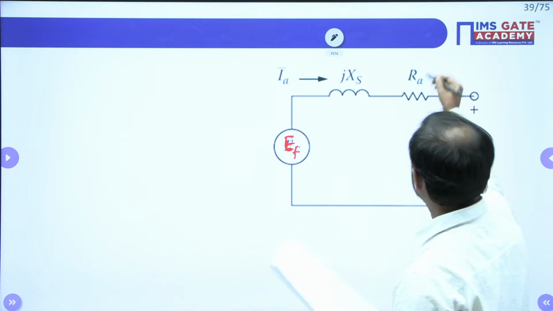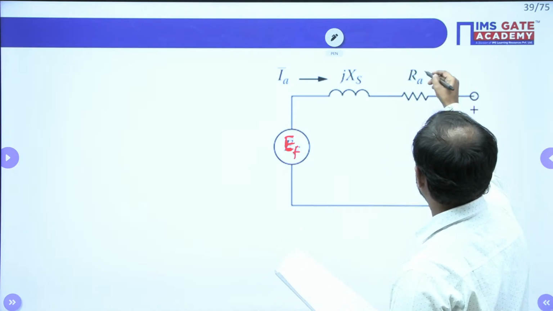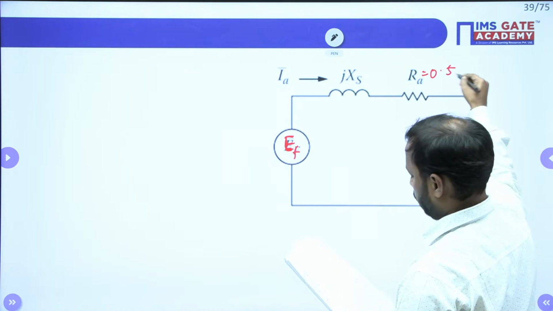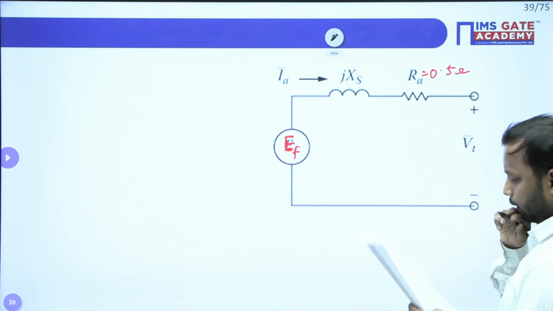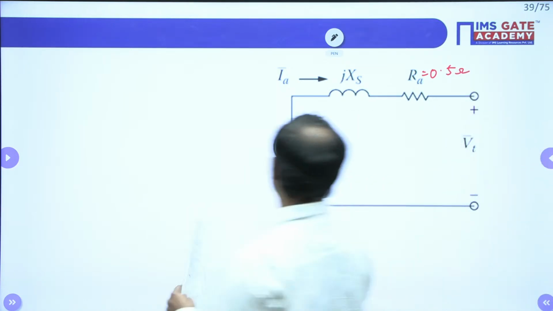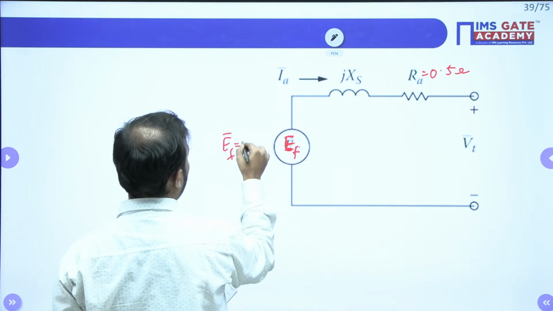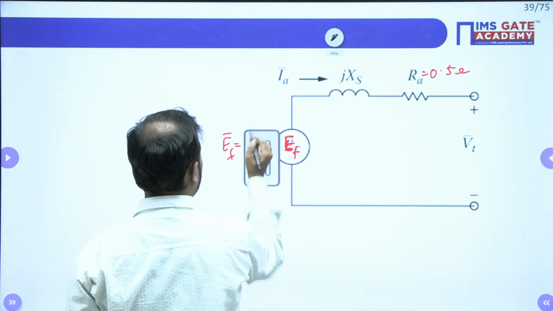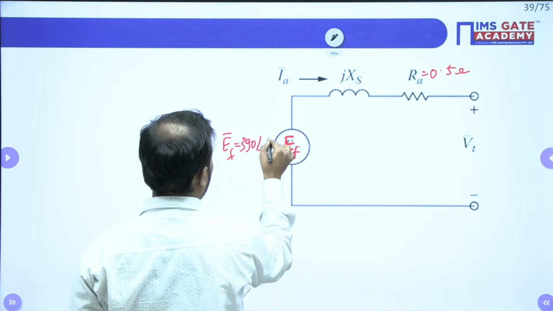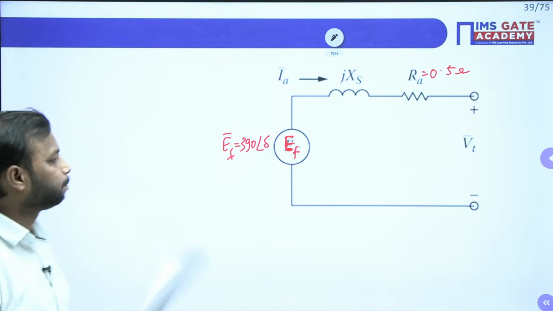This is equal to 0.5 ohm. And EF is given, means the magnitude. In the generator, this EF vector is equal to 390 at an angle delta. Delta is load angle.